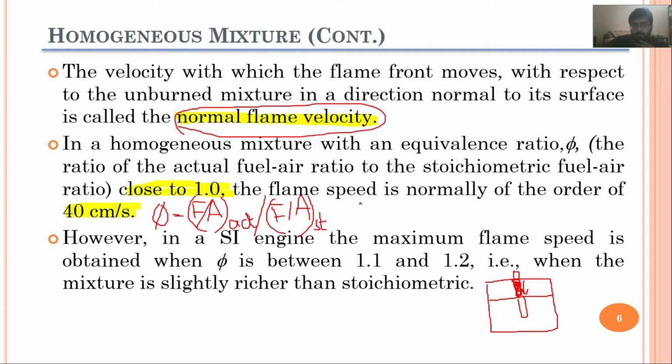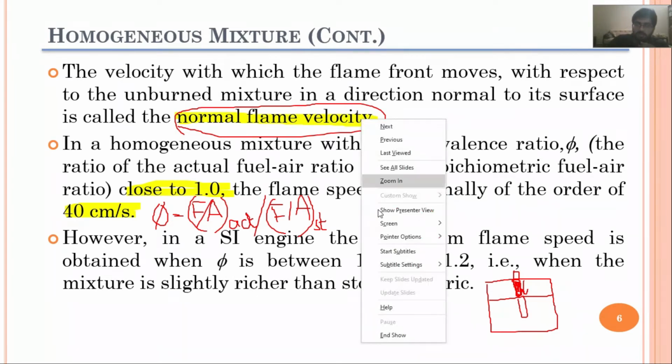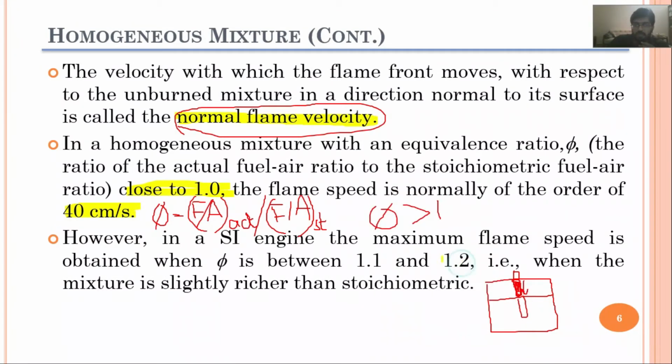So when we have a rich air fuel mixture, this phi will be greater than 1. So it is mentioned here that when we have an equivalence ratio close to 1, the flame speed is in the order of 40 centimeters per second.